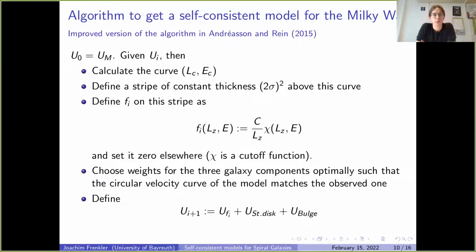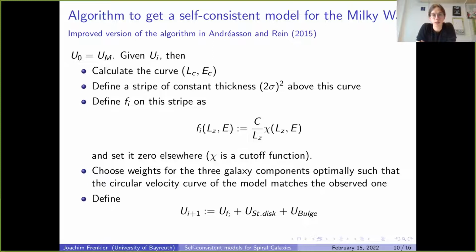This algorithm that I will explain is an improved version of the algorithm that was first used by Håkan Andreasson and Gerhard Rhein in 2015, where they also tried to construct self-consistent galaxy models.